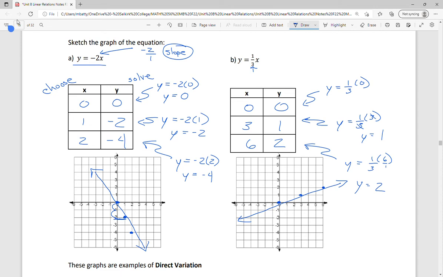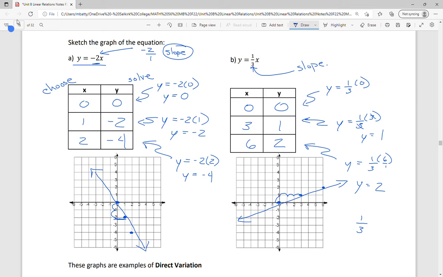Remember how I said that coefficient in front of my x was my slope? Check this out. This is an up 1 and an over 3, right? My slope is up 1 and over 3. Look at that coefficient. That is my slope. So we're kind of rolling these all in together.